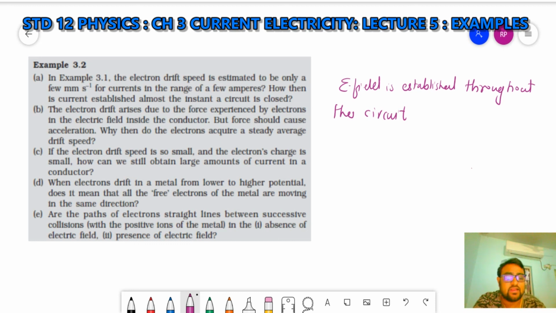So what happens is that at every point the local electrons will experience a drift.